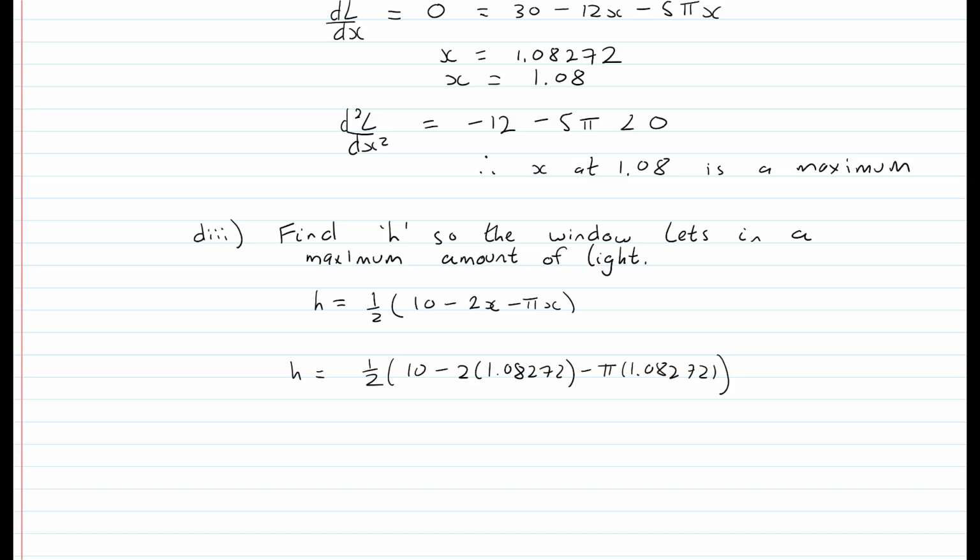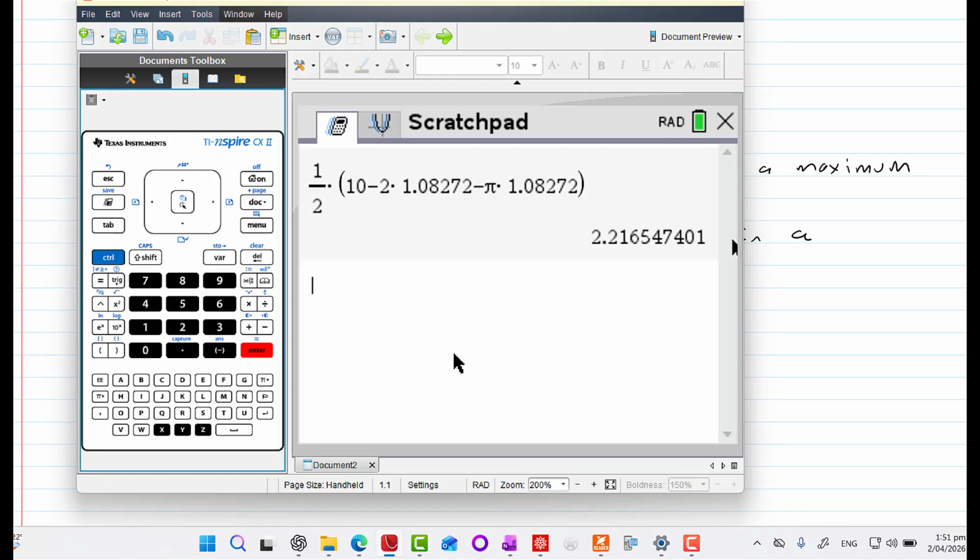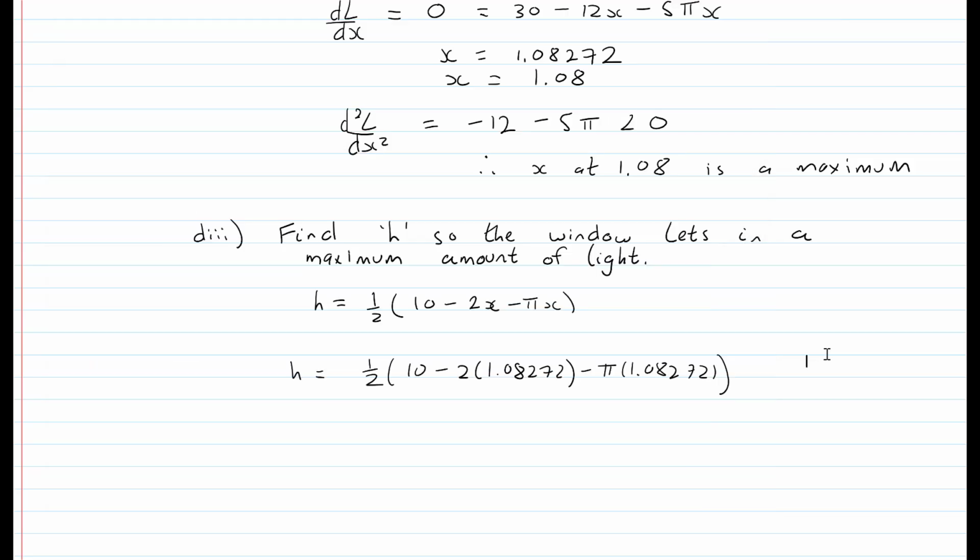Okay, and we can just get our calculator out and work that out. Okay, so I've typed it all in there, and then we end up with 2.2165. So h, to 3 significant figures, is 2.22. Okay, and that is part D finished.